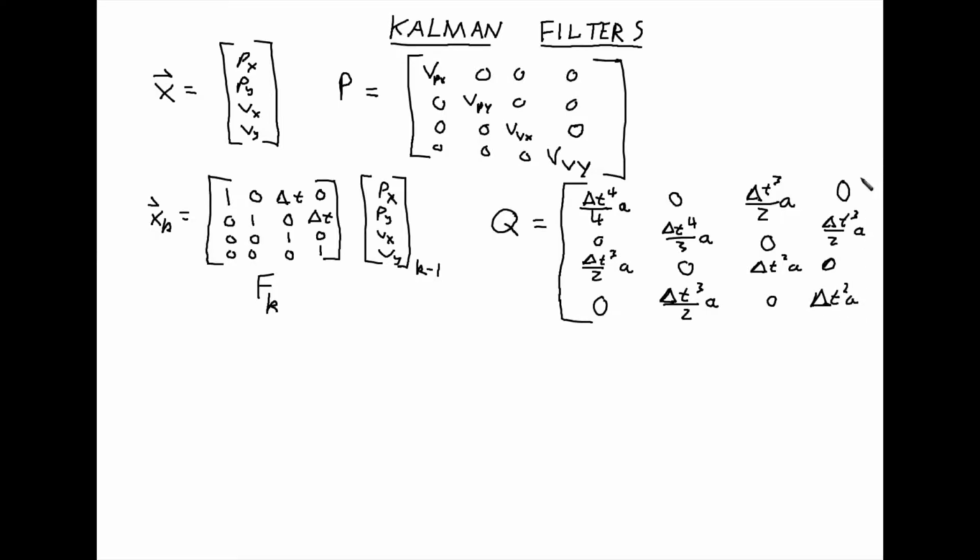And I'm also assuming here that this acceleration noise is going to be the same in the x and y direction, so I'm using the same constant for this, just for simplicity's sake.